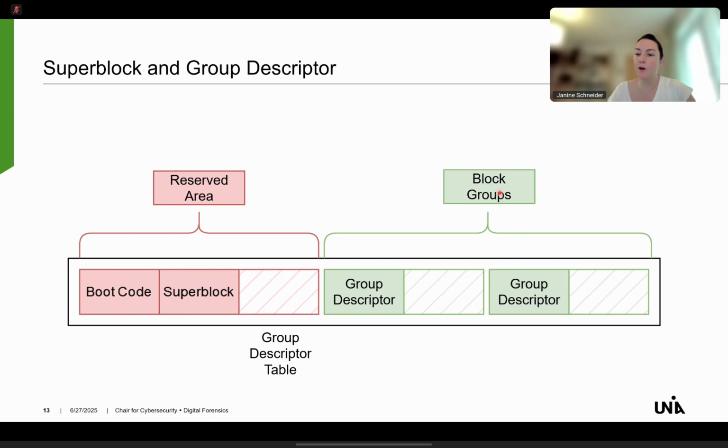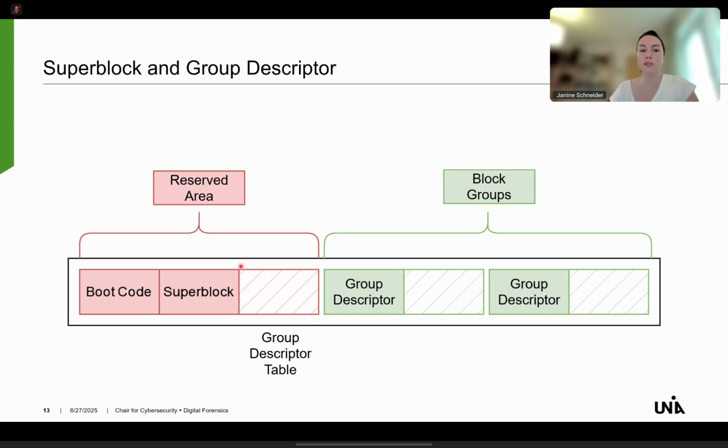And the number of reserved blocks before the first block group. So the size of the reserved area, and the starting of the block groups. And after the superblock, we have something that is called group descriptor table. It contains a group descriptor entry for every single block group.